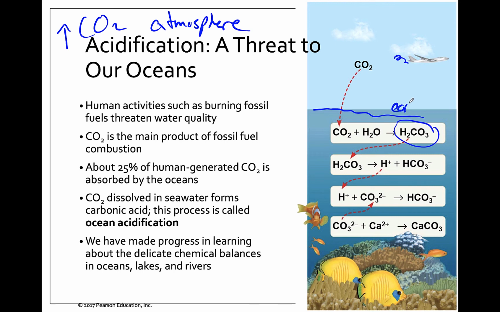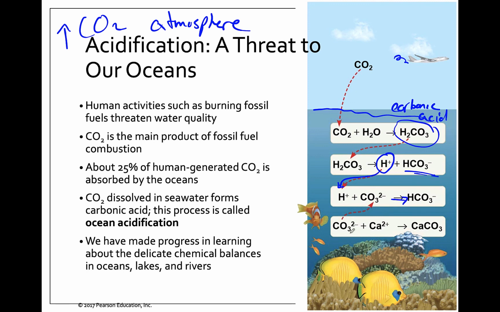So this is carbonic acid. That carbonic acid is a weak acid, right? So this weak acid will dissociate into hydrogen and carbonate. Well, that hydrogen will actually combine with more carbonate from the water to form more bicarbonate.